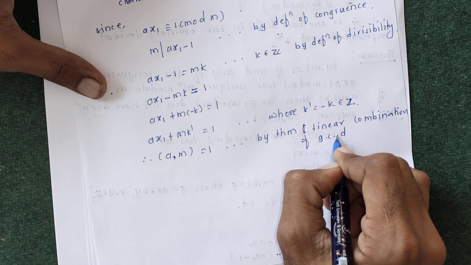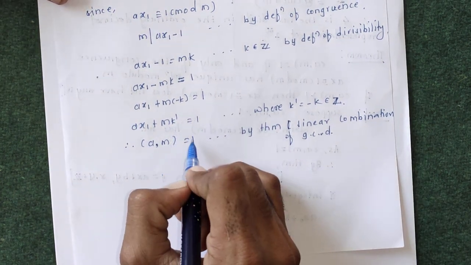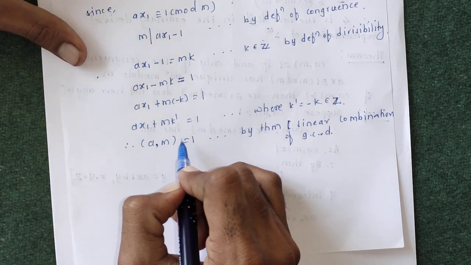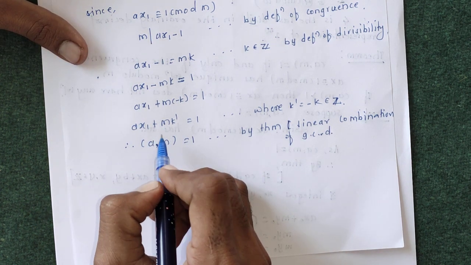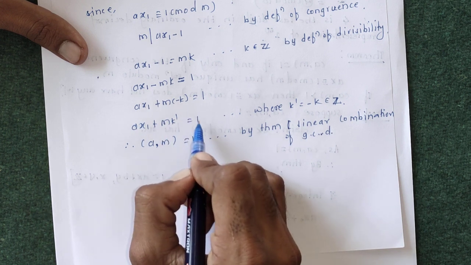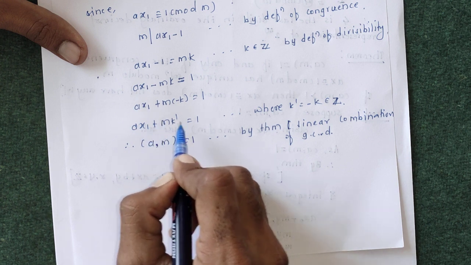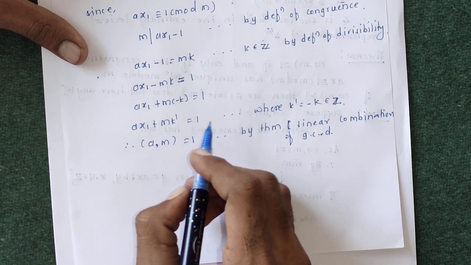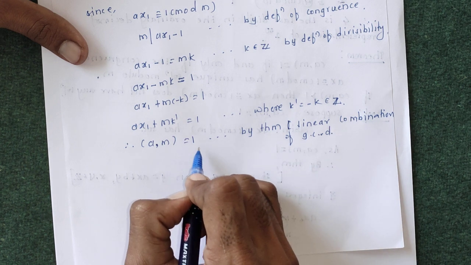One thing must be clear in your mind: if the GCD is G, then we can express G as a linear combination of these two numbers. But if we get a linear combination equal to G like this, then we cannot say that the GCD of these two numbers is G. So we use this theorem as if and only if whenever our GCD is 1.